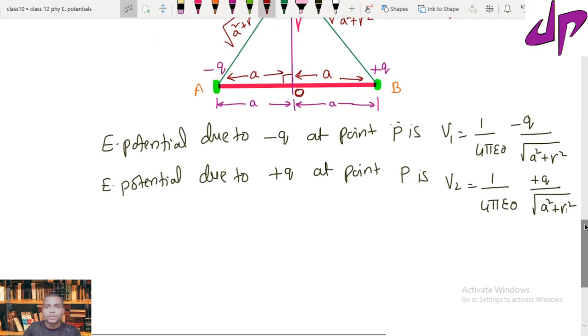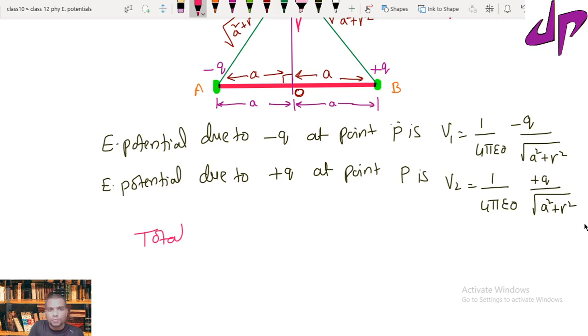Now we have the two potential values, and you can sum them up to get the final value. So the total potential V equals V1 plus V2.